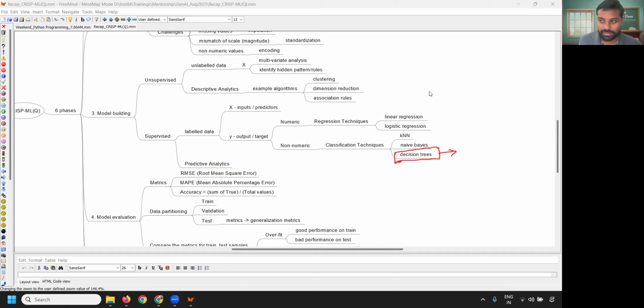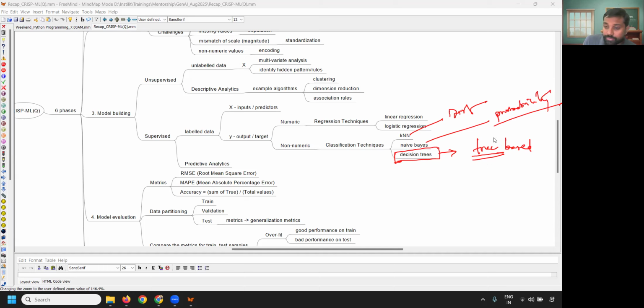A tree-based algorithm. What does tree-based mean? Here we are saying distance, here we are saying probability. So what do you mean by tree-based? What logic are we using here?